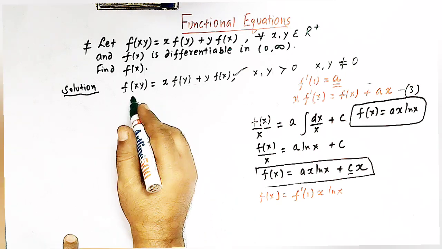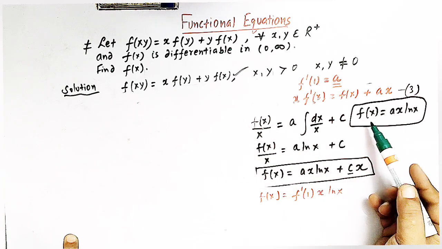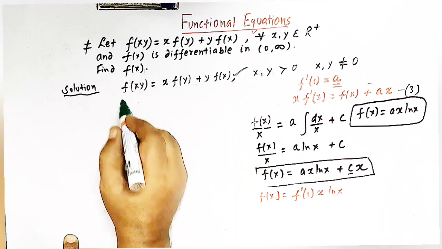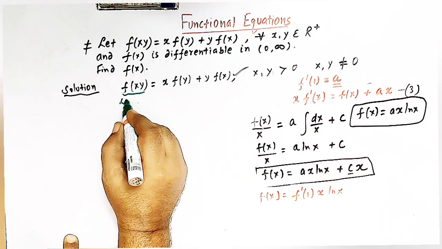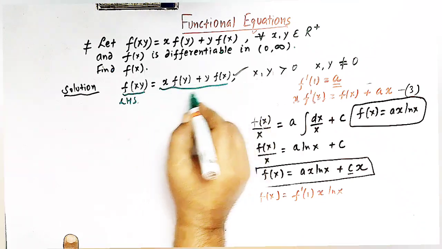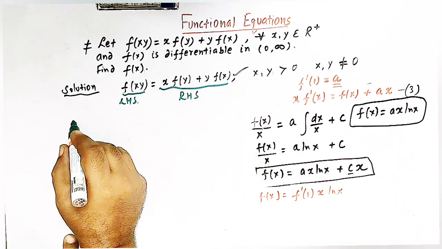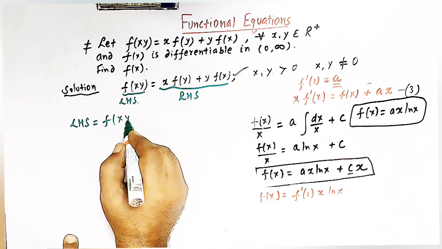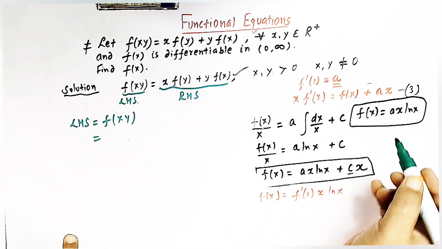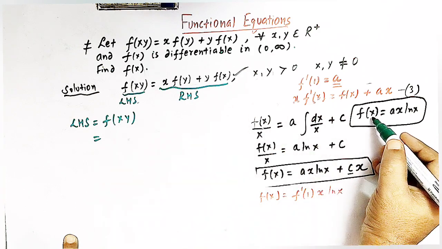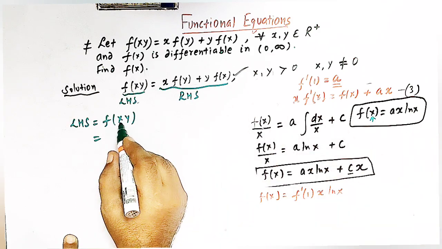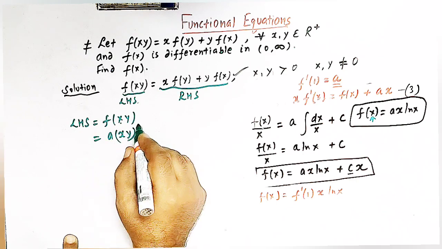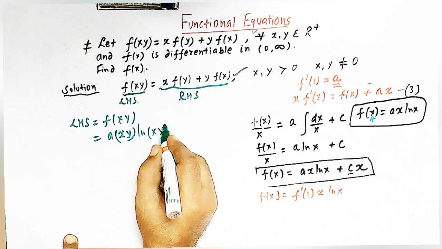So now let us quickly verify that this function f(x) satisfies the given functional equation. So let us take this side as the left hand side and this side as the right hand side. So let us first calculate the left hand side. So here we have f(xy). Now f(xy) can be obtained by replacing x by xy. So here we have a xy, and here we have log of xy.